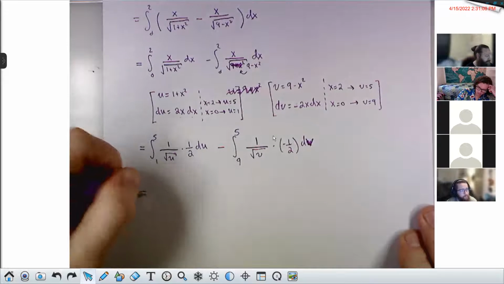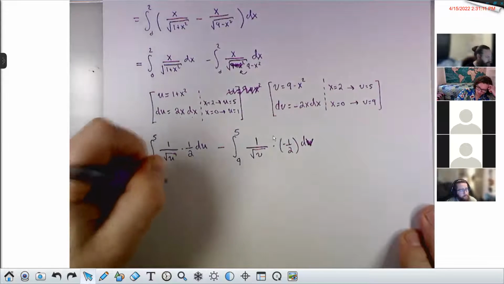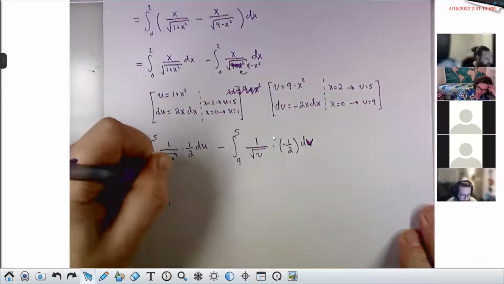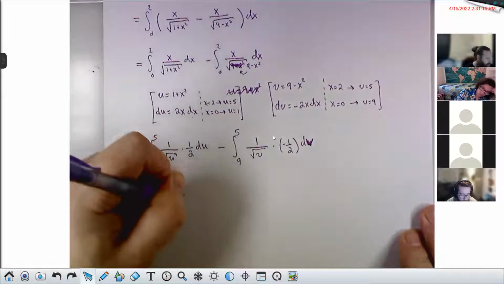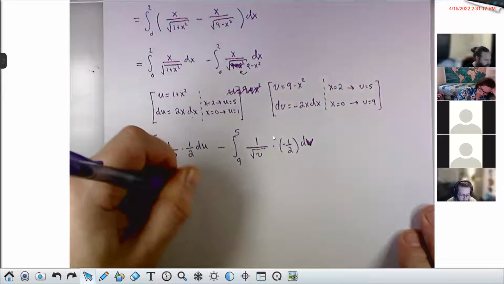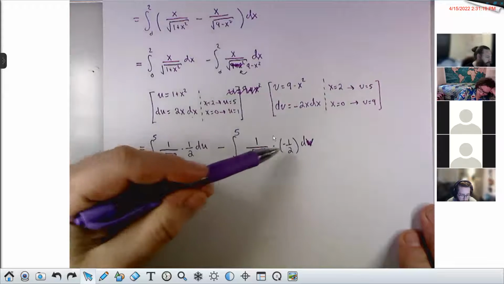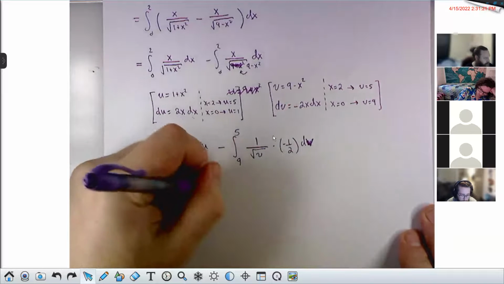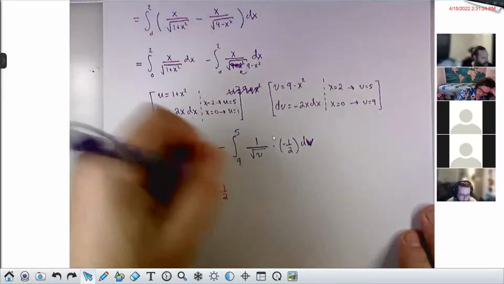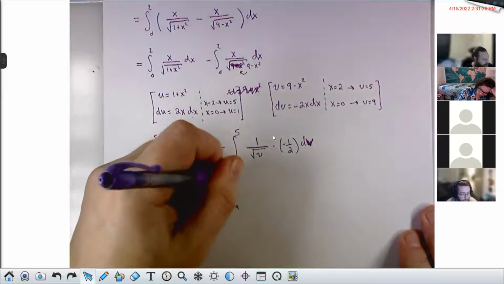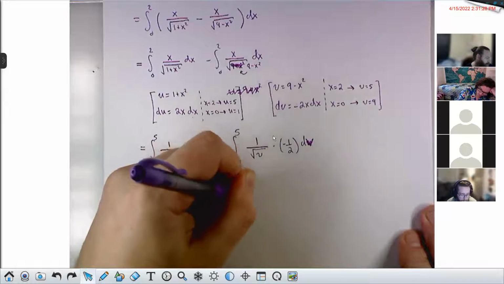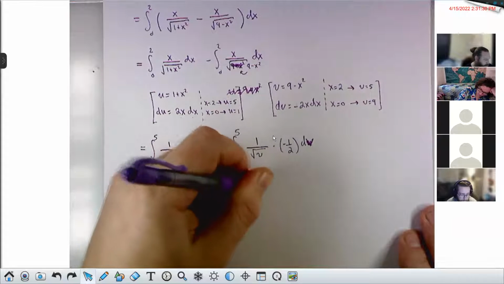We can start playing some games. I can pop the positive 1/2 out of the first integral, and I'll be left with the integral from 1 to 5 of 1 over the square root of u du. I can pop the negative 1/2 out of the second integral, and that's going to make that plus 1/2 times the integral from 9 to 5 of 1 over the square root of v dv.